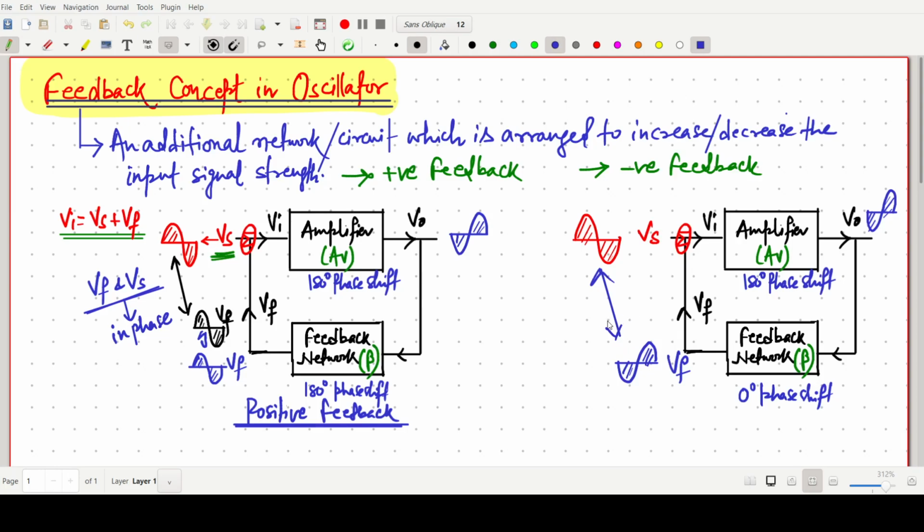So in this case of negative feedback, Vf is 180-degree out of phase with Vs. So this one is called a negative feedback.